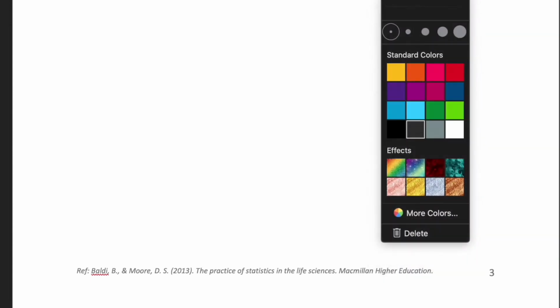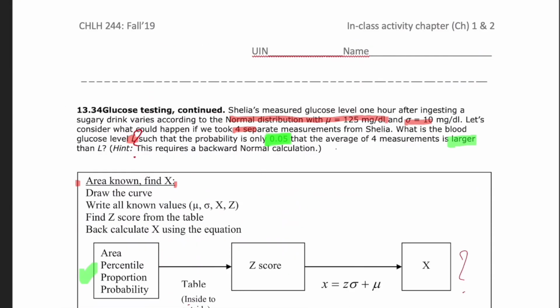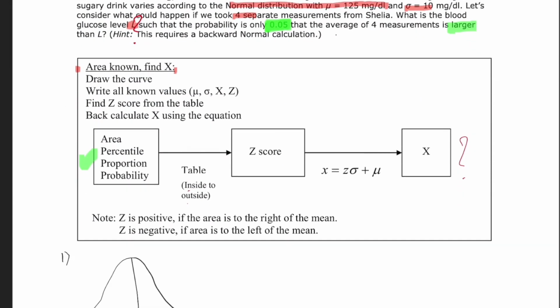So if I want to draw, the first step is to draw a normal distribution, because we know it's a normal distribution with some mu, which is given as 125.